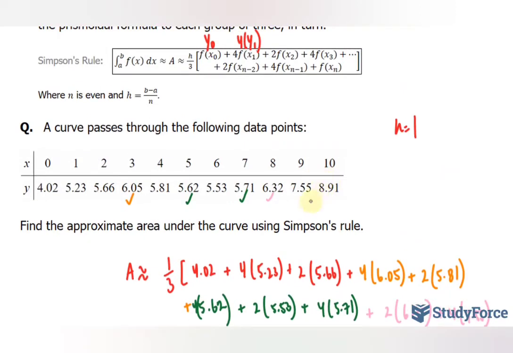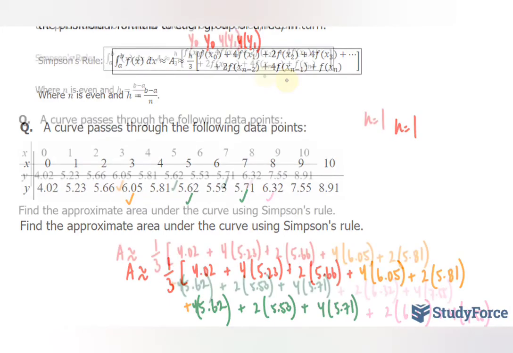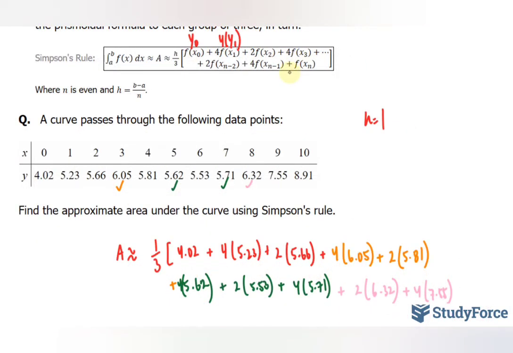In our last observation, take a look at the formula. We have 4 times f at x subscript n minus 1. So this means our second last y observation, plus your final observation without multiplying it by anything else. So we have plus 8.91.